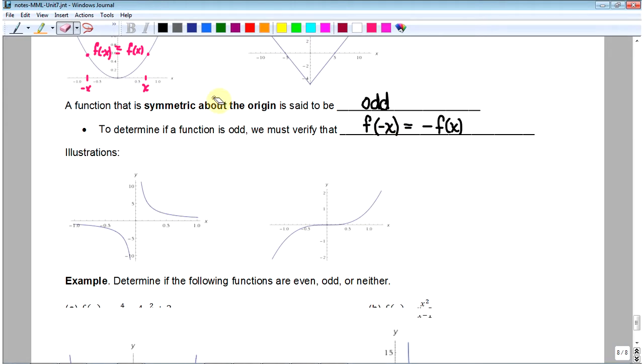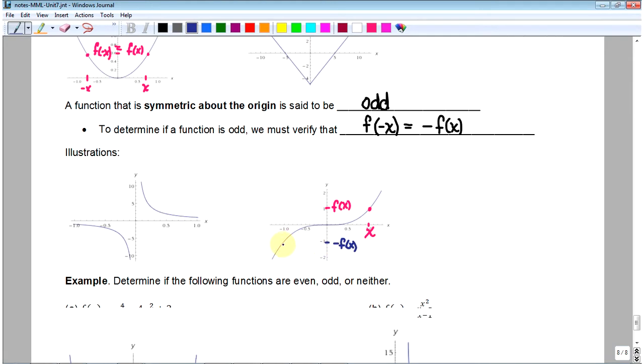Now in terms of function notation, if I have my x value here, and why don't we just use 1 for an example, I'm just going to go ahead and call it x. So if that's my x, and I have my corresponding y value, which is f of x, well, if I take the opposite sign of this f of x, that's going to put me down here. So that's negative f of x.